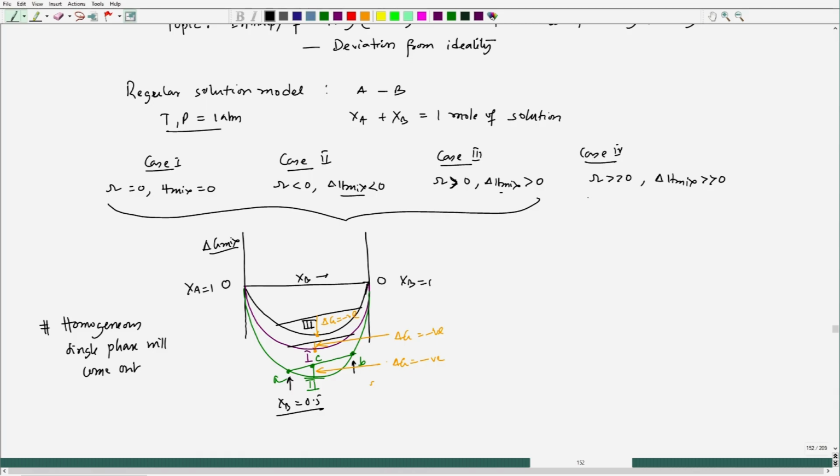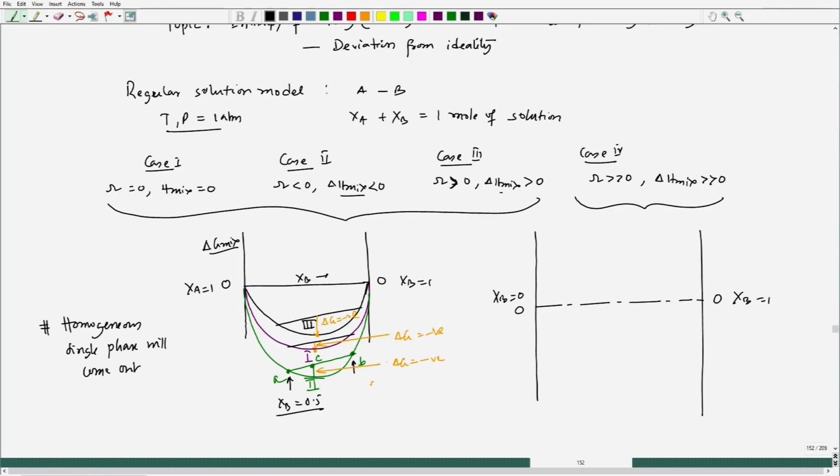But the case 4 we have to understand. In order to understand case 4, let us see the situation here. Okay. This is 0, x b equal to 1, x b equal to 0, let us say. This way x b is increasing.